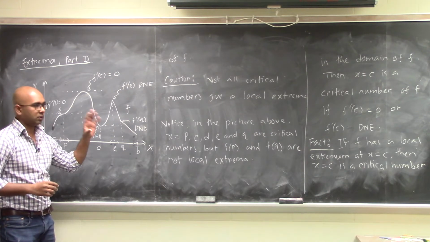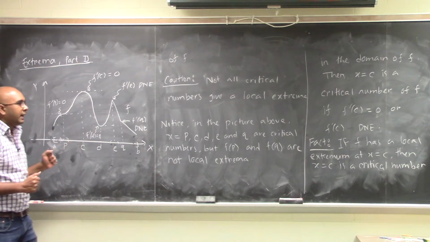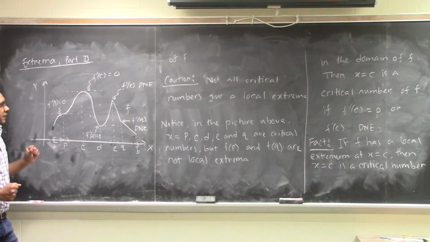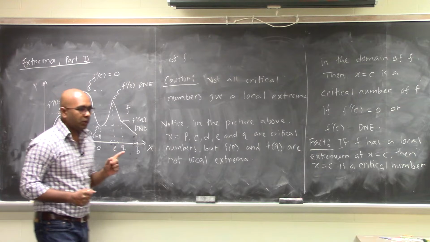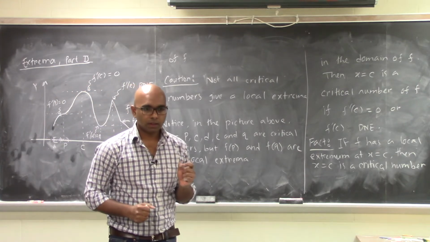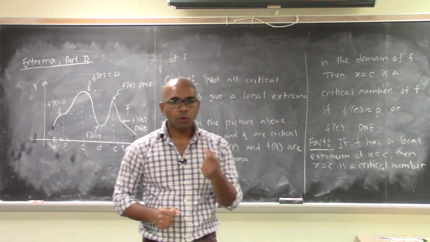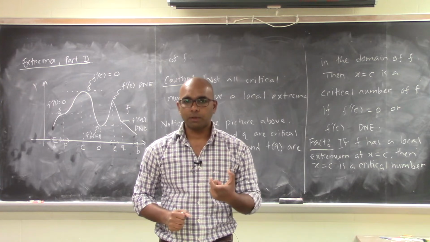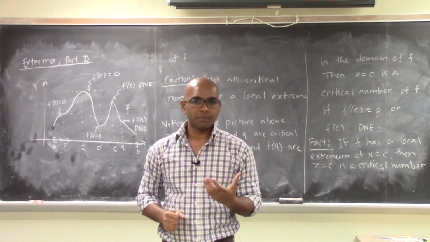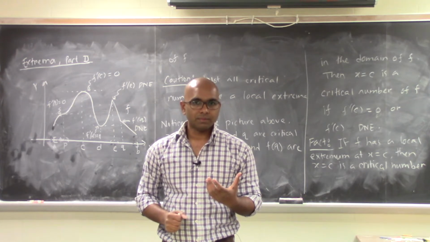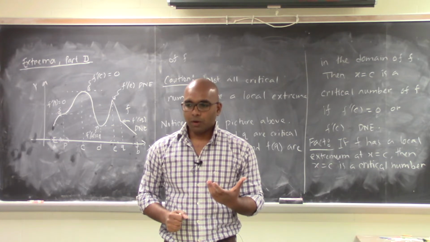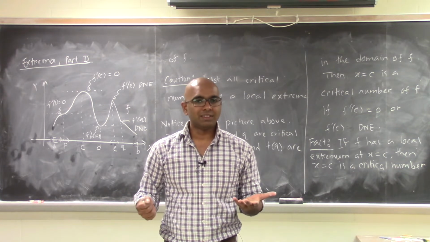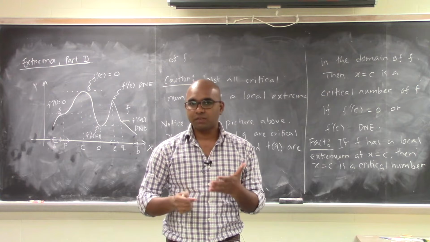A little bit of brush up on the definition of extrema. But the thing is, suppose you have a critical number. How do you know whether that gives you a local maximum or a local minimum? Right? Or maybe neither one. So we need some kind of test.